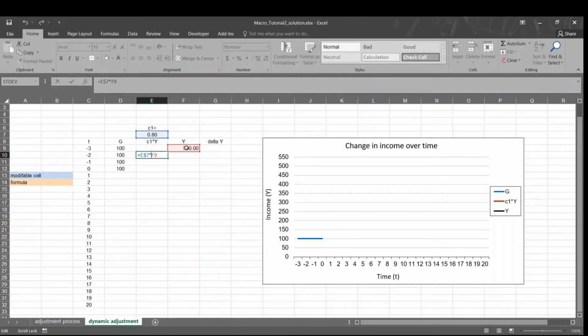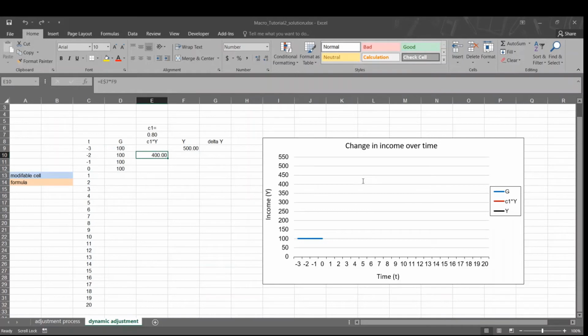multiply the income at the previous period, which is 500, by marginal propensity to consume 0.8, which would give us 400. So this is to say, if the income is 500 at the previous period, households would consume out of that 500, 0.8 multiplied by 500, or marginal propensity to consume multiplied by income, which would give us a value of 400.